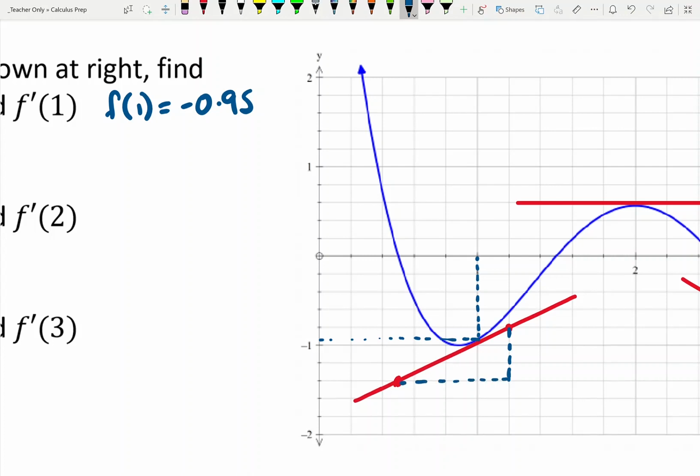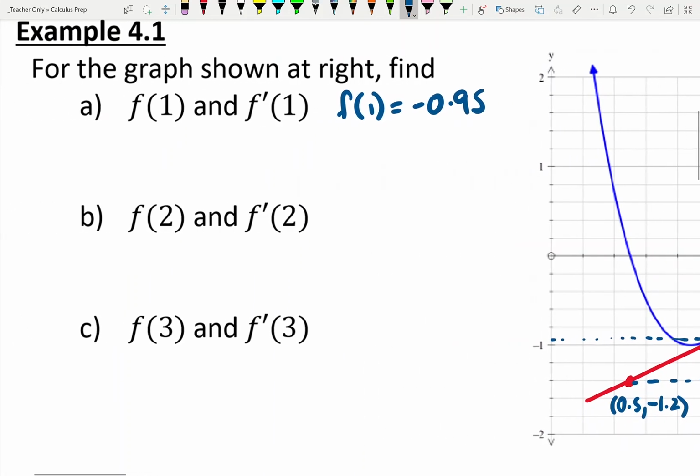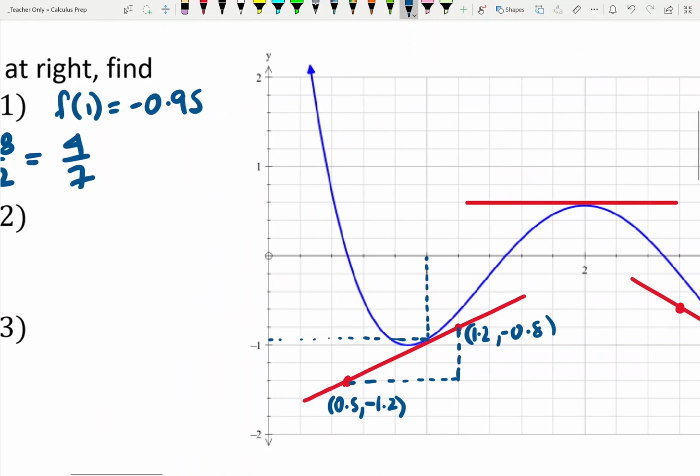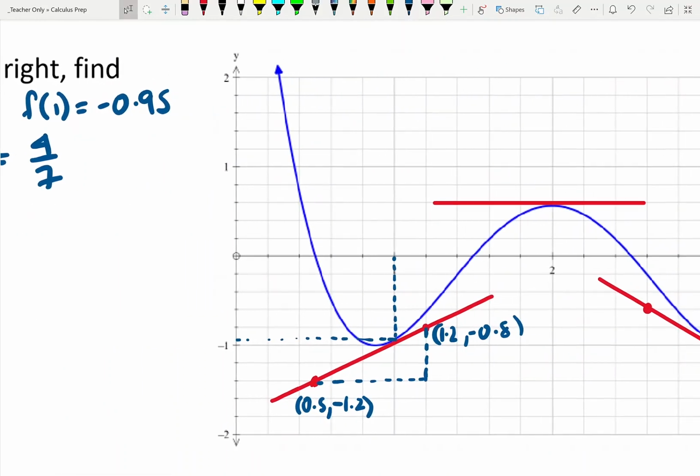I've estimated a tangent here, and by estimation again, this point is (0.5, negative 1.2) and this point is (1.2, negative 0.8). If you do rise over run with that, you'll end up with f dash of 1 equals negative 1.2 minus negative 0.8 divided by 0.5 minus 1.2, which comes out to 4/7. So a rise of 4 basically and a run of 7.